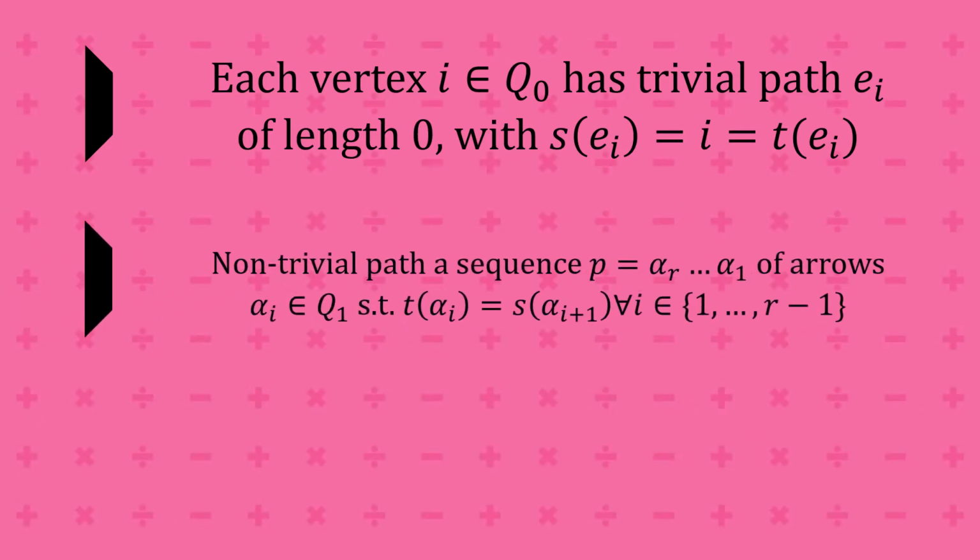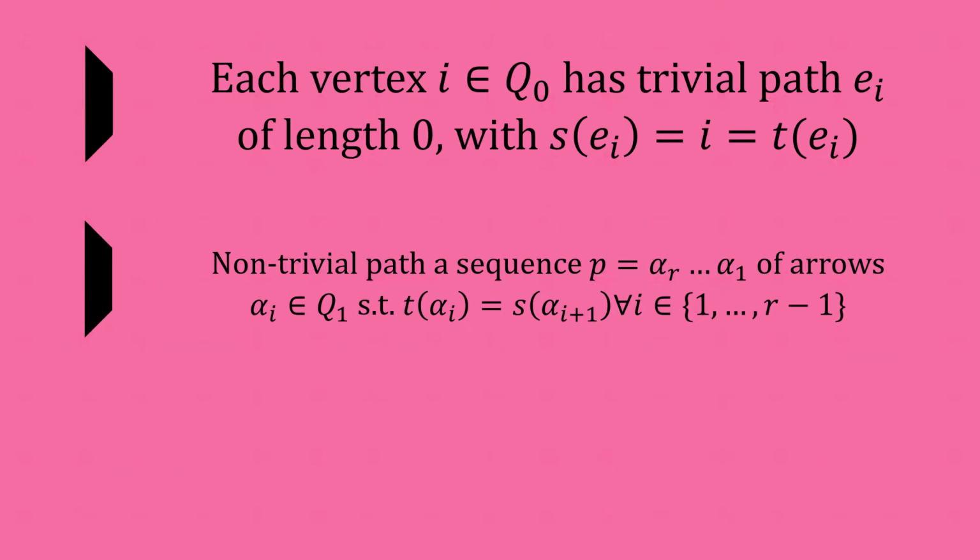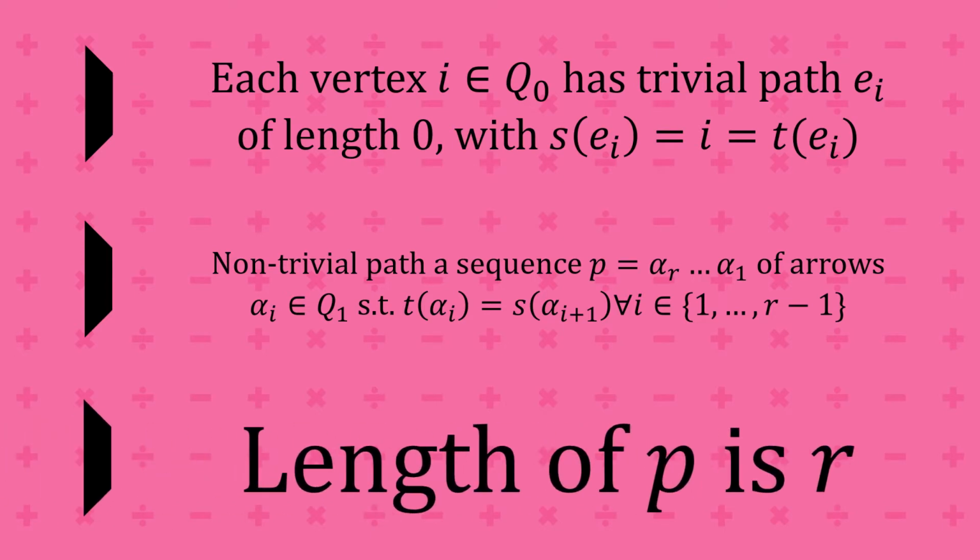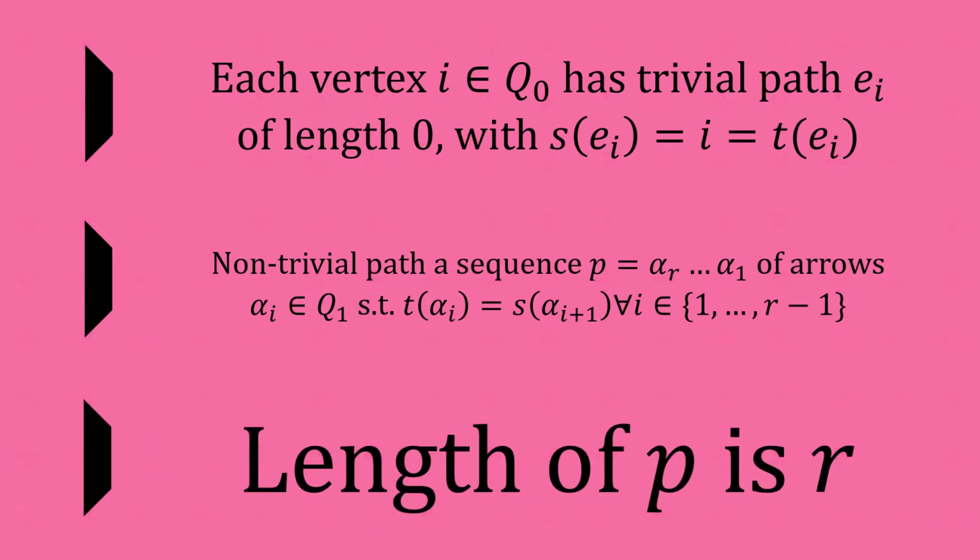A non-trivial path in Q is a sequence p equal to alpha 1 to alpha r of arrows alpha i in Q1, such that T of alpha i is equal to S of alpha i plus 1 for all i from 1 to r minus 1. The length of p is the number r of arrows in this path.